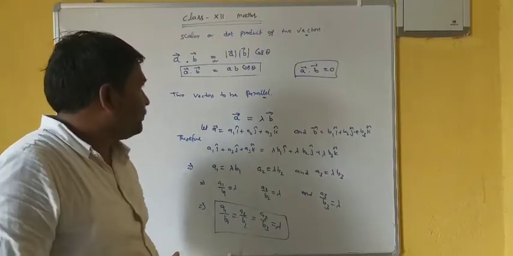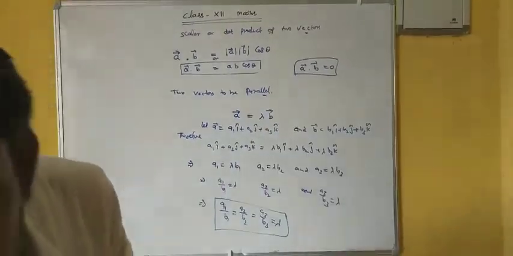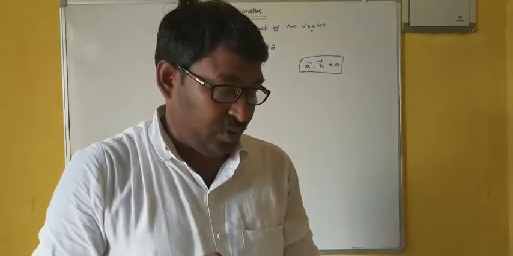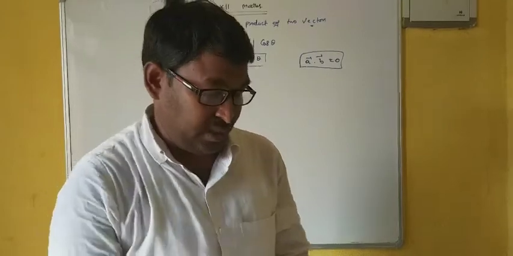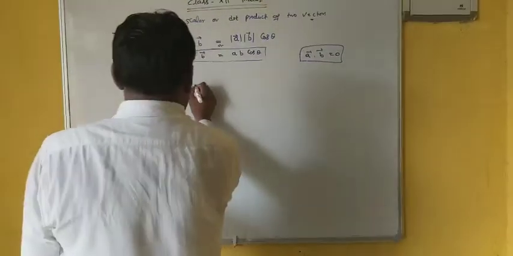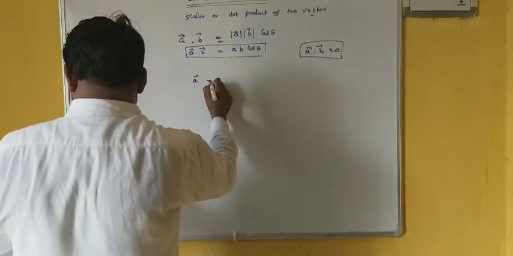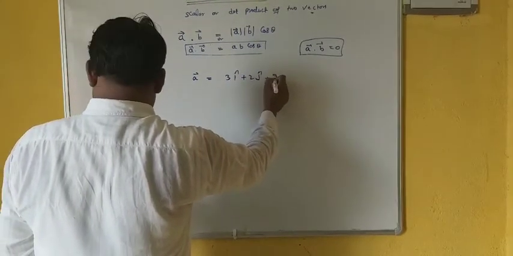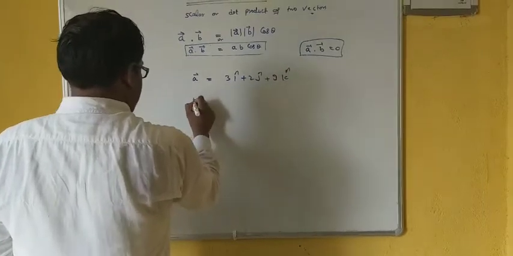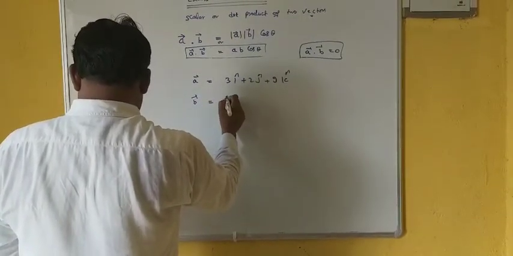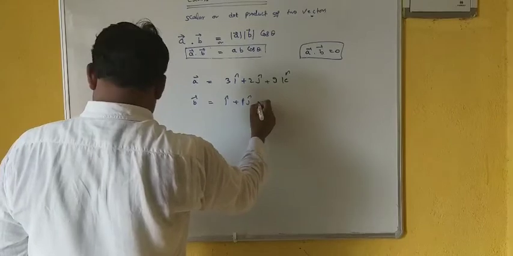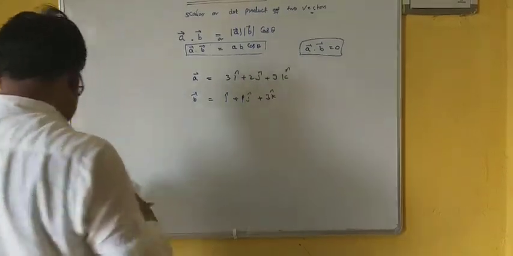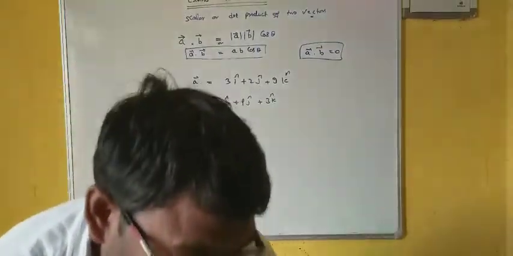Now there is a question: find the value of p for which the vector a, given as 3i cap plus 2j cap plus 9k cap, and vector b, given as i cap plus p j cap plus 3k cap, are perpendicular and parallel.